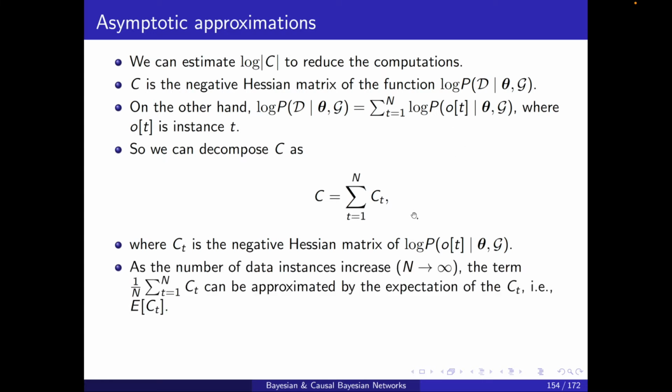As the number of data instances increases and goes to infinity, this term, 1 over n, the average of this, can be approximated by the expectation of C_t, by the law of large numbers. So we can write down C as n times the average of this, which is approximately n times the expected value of C_t as n goes to infinity.